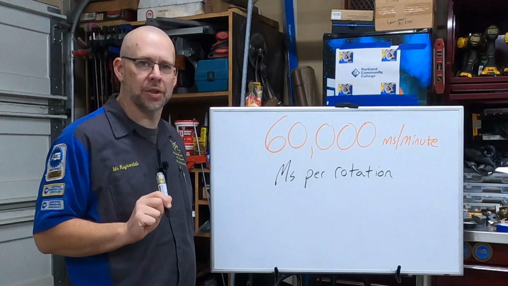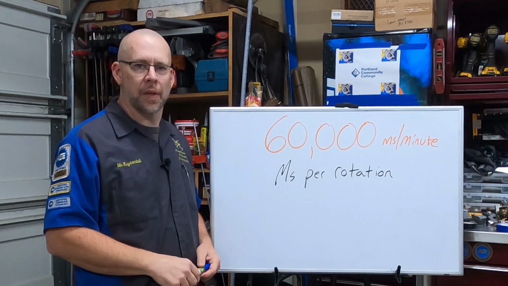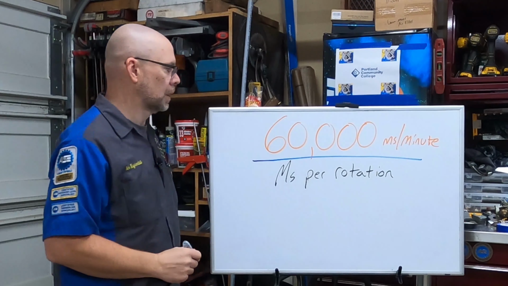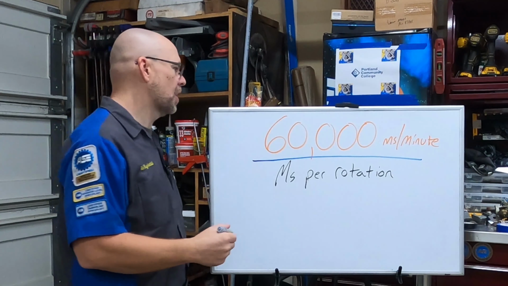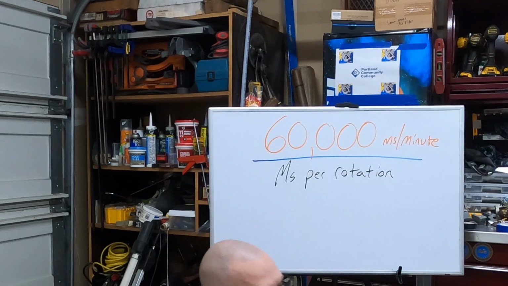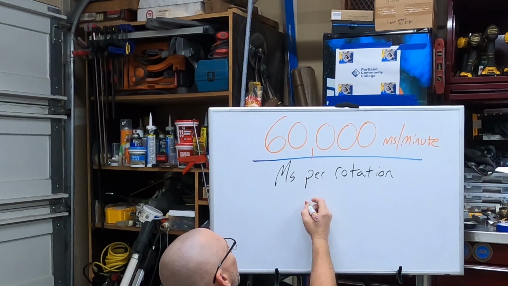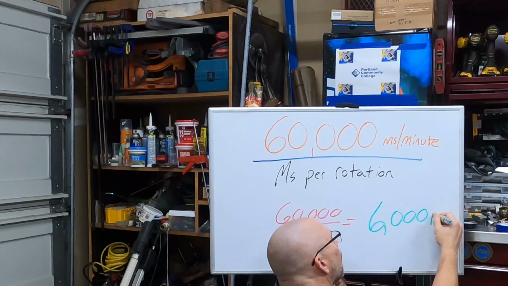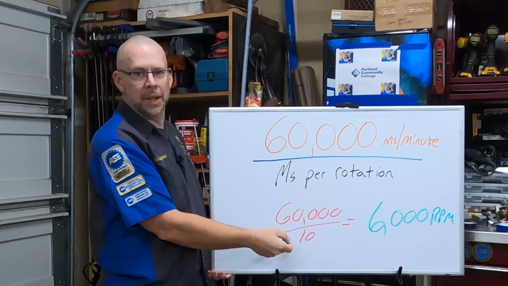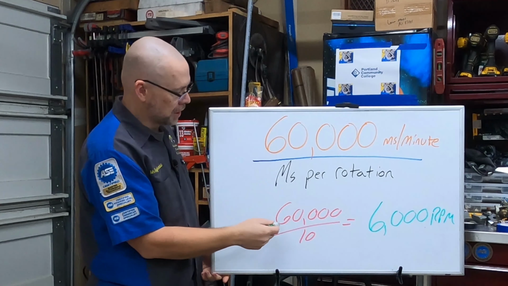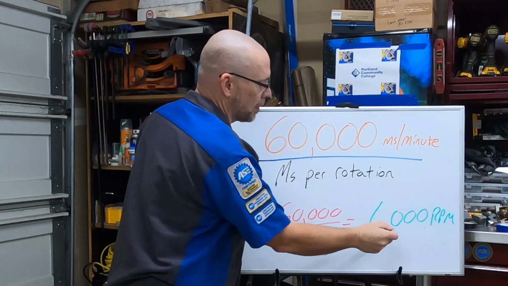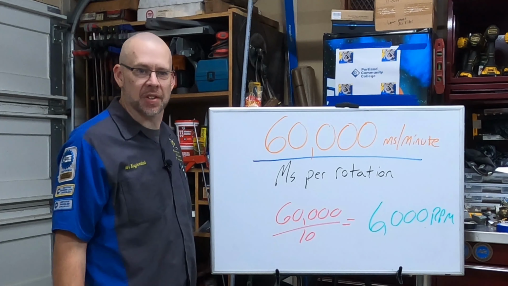Again, I'll teach you how to do that in just a minute. Then what we're going to do is divide that. So, if we had 10 milliseconds for one revolution, we would divide 60,000 by 10 milliseconds. That would give us an RPM of 6,000.